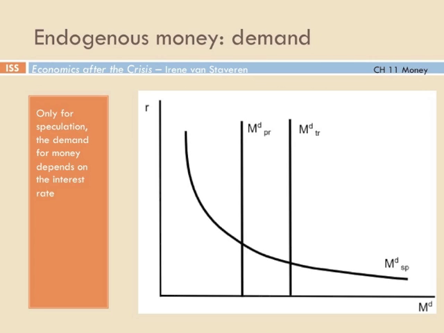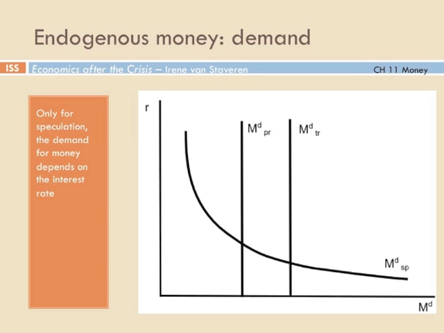This is shown in the diagram on this slide, we see that the money supply for precautionary reasons is a vertical line. Also for transaction reasons, it's a vertical line.